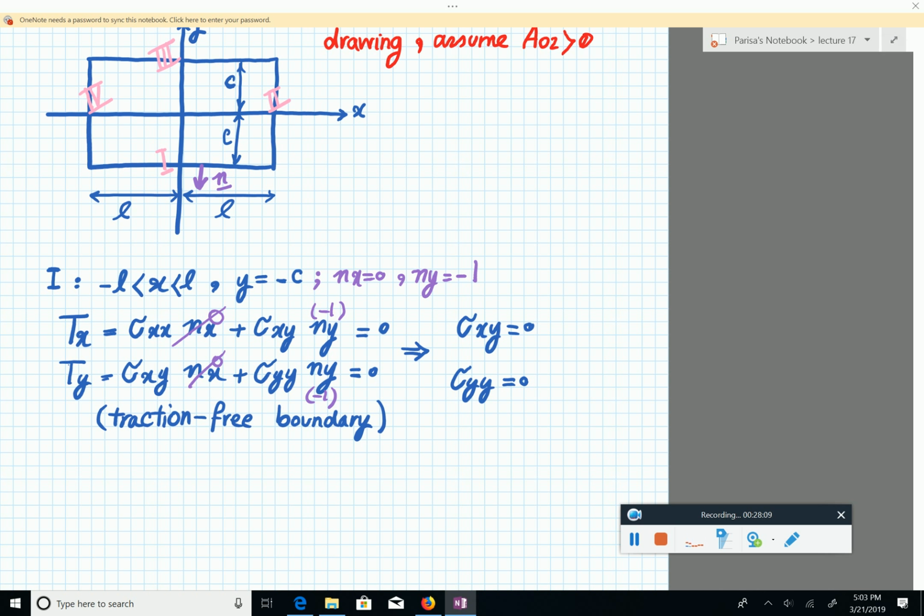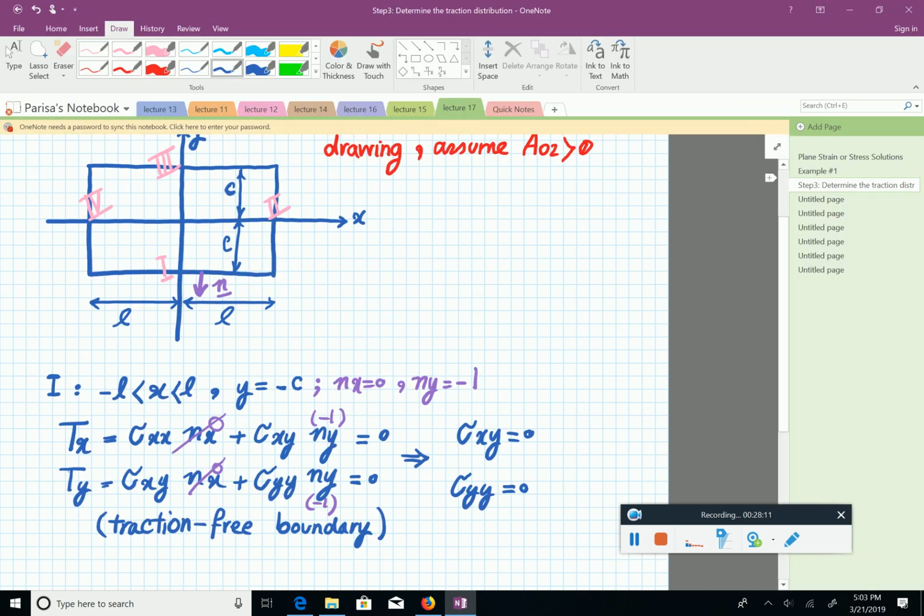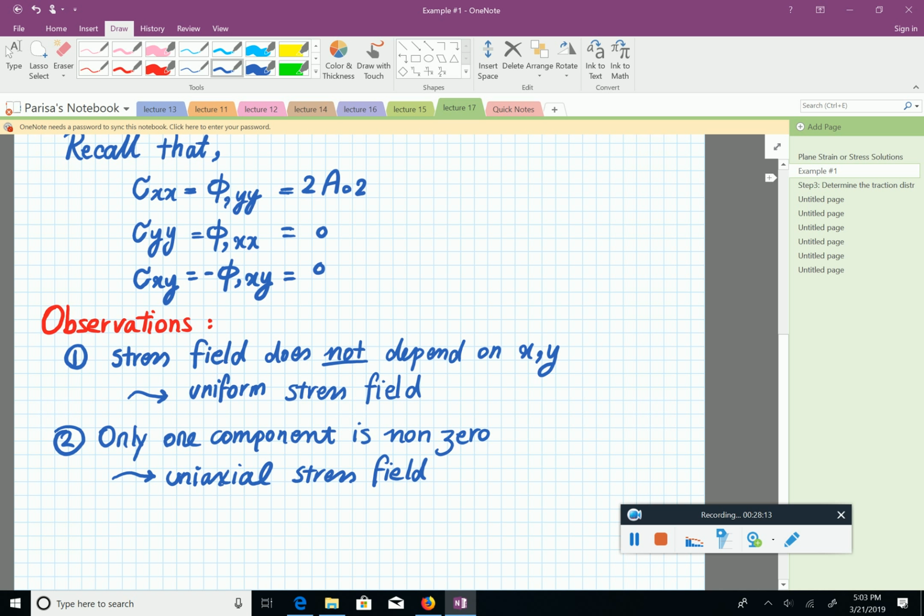It may look very simple, but you have to understand how this method works. We know the stress field. That's all you know. You have a domain. So you now have to reverse engineer. You have to now see what that stress field means, like what type of boundary conditions it is going to actually bring here.